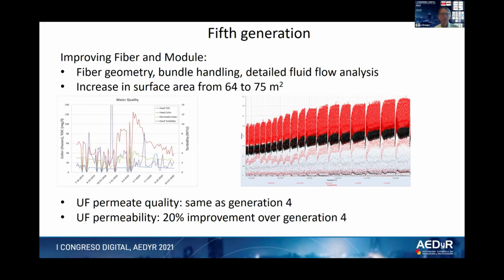So a very, very big step in the same physical shape of membrane modules. So still the same tube of 220 millimeters and 1.5 meters, 1500 millimeters long. You can now pack 75 square meters. If you compare this to the previous generations where you had 40, 55 square meters, you can see that we're almost doubling the amount of square meters in basically the same physical shape of membrane module.